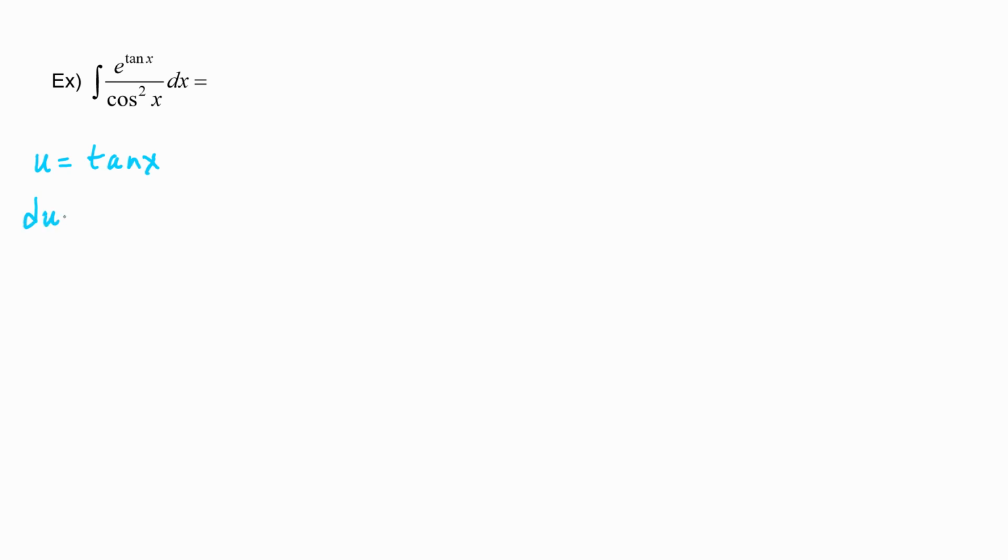Then du is going to equal secant squared of x dx, or we could say that du is equal to dx over cosine squared of x. These two expressions are equivalent to each other.